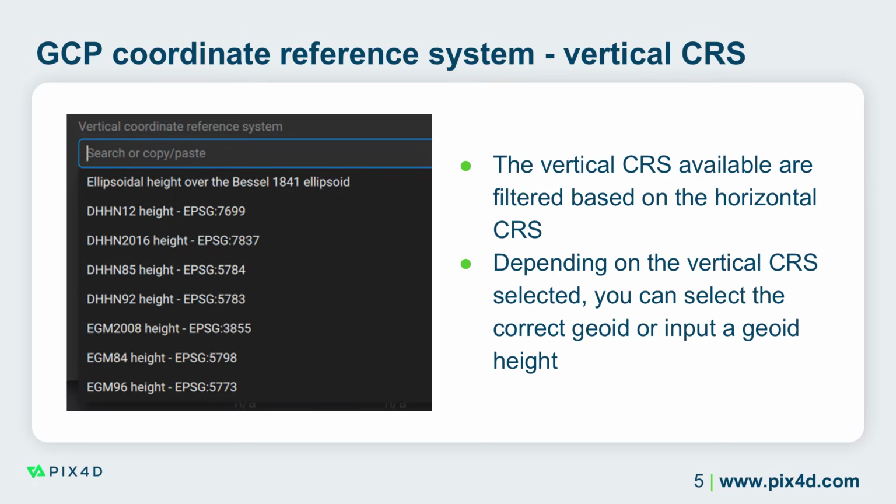In contrast, orthometric heights are measured based on the geoid model, an equipotential surface closely approximating mean sea level. Vertical coordinate reference systems are established for specific locations. A geoid model is associated with one or more vertical CRS and is used to transform ellipsoidal heights to orthometric heights within the extent defined by the vertical CRS.